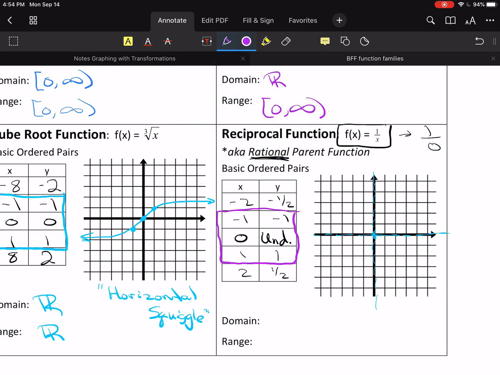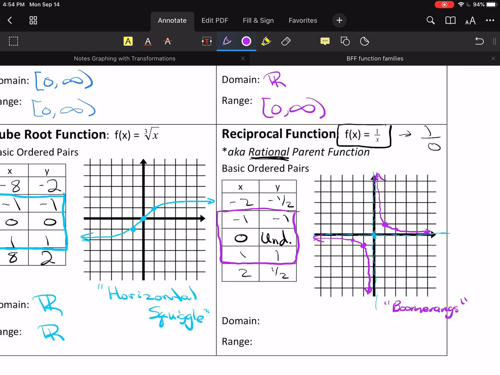Now, I have the ordered pairs (1, 1) and (-1, -1), (-2, -1/2), (2, 1/2). So my graph looks like this. And these are called my boomerangs. That's what I always call them.